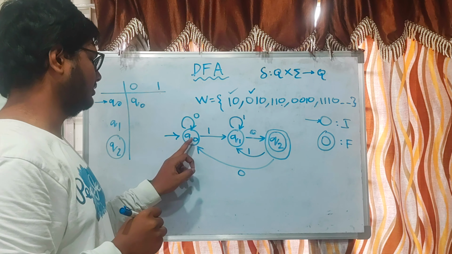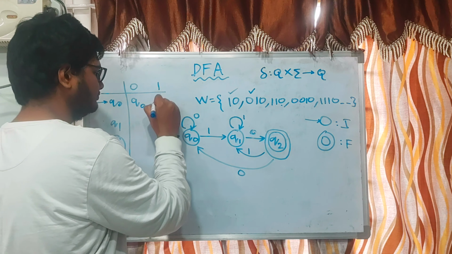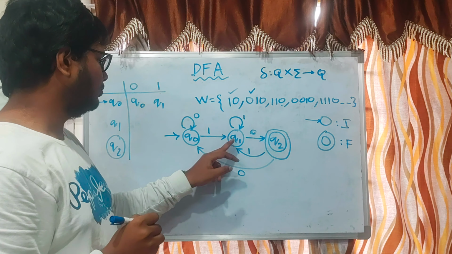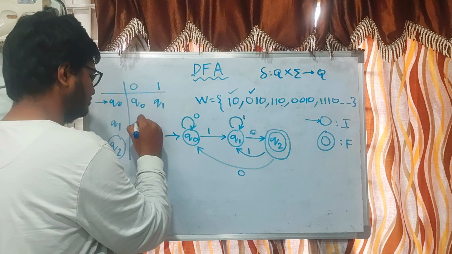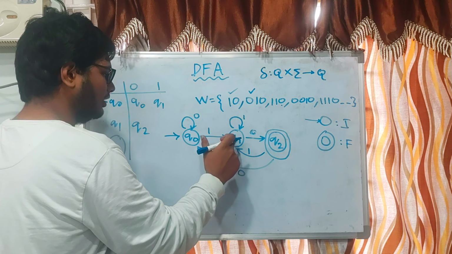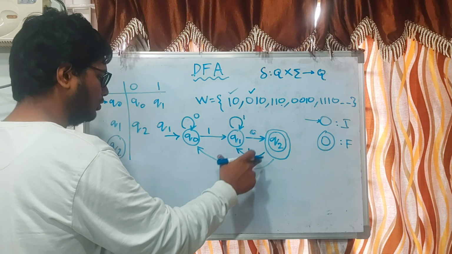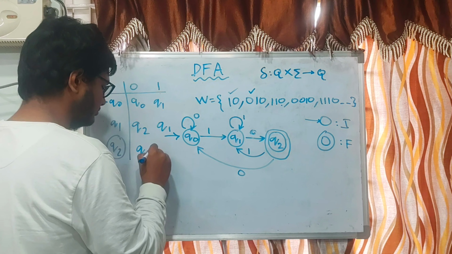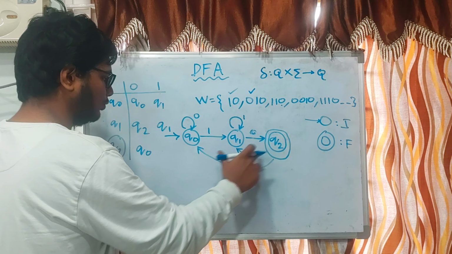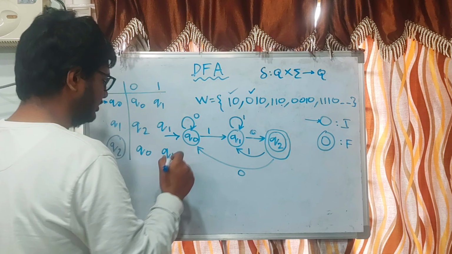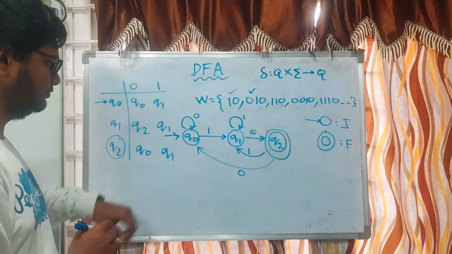And Q0 on 1, it is going to Q1. Q1 on 0, Q2. Q1 on 1, the same, Q1 itself. Q2 on 0 to Q0. Q2 on 1 to Q1. So this is the transition table.